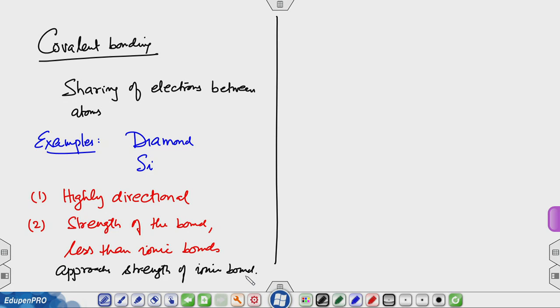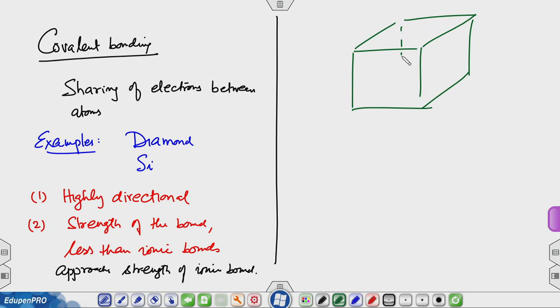So, in this case, for example, if I look at the diamond structure, and we had been discussing it quite a lot, it is these carbon atoms sitting at face centered lattice, and then there is something shifted along the diagonal.